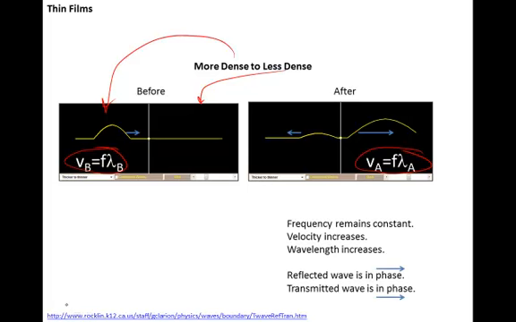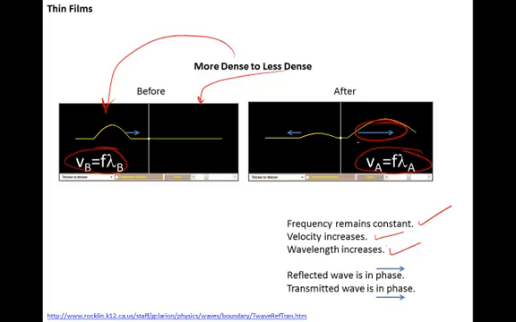Now, when we do this, we get, once again, the frequency remaining constant, but since we're going to a less dense medium, the velocity is increasing after the wave transmits from the thicker to the thinner string.